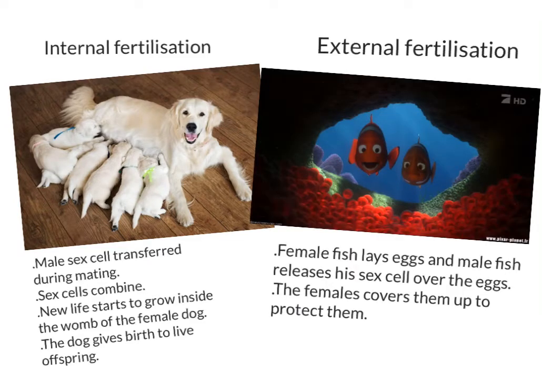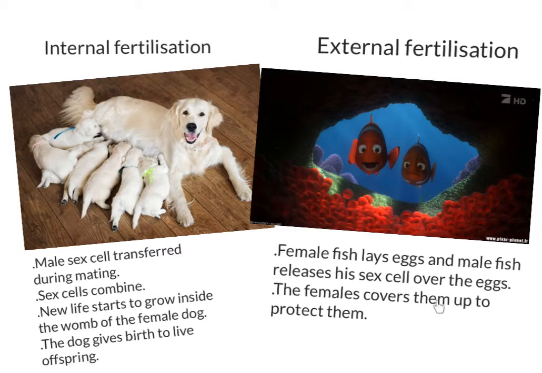Okay, external fertilization this time. Fish reproduce by external fertilization. So I've used this picture from Finding Nemo, if you remember right at the beginning of the film. If you've ever seen it, the female lays the eggs, and then the male comes along and releases his sex cell on top of them, which is how they combine.